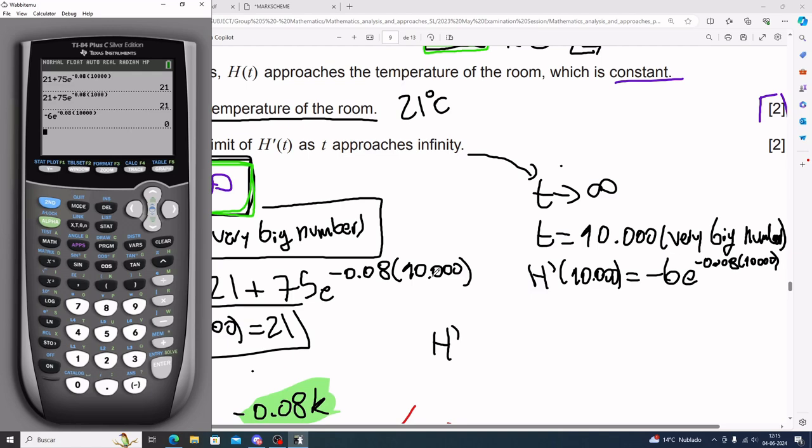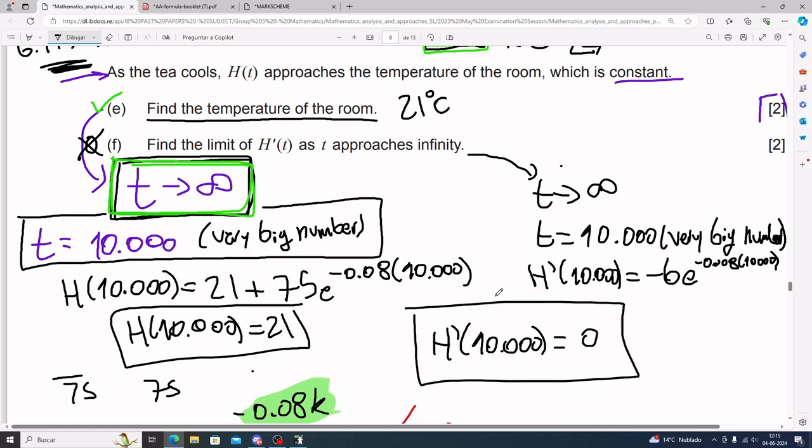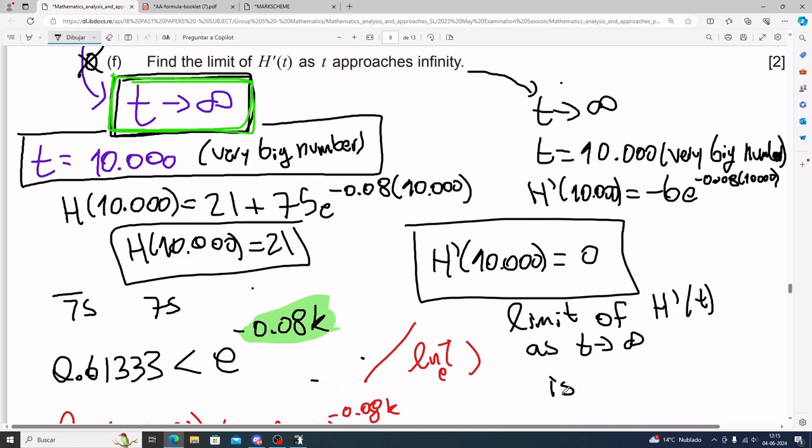So h of 10,000 is just going to be 0. See? So you can basically say, and write in hand from here, that the limit of the derivative of t as t goes to infinity is 0.